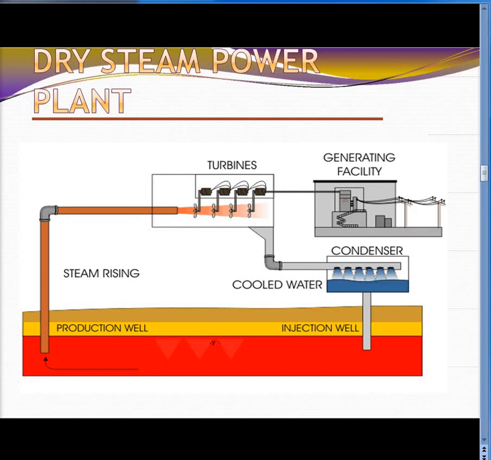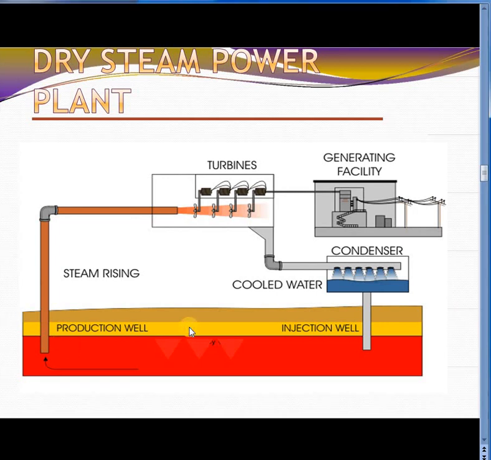The first geothermal power generation plant for dry steam was constructed in 1904 in Larderello, in Italy. It had a capacity of around 250 kilowatts when it was constructed.